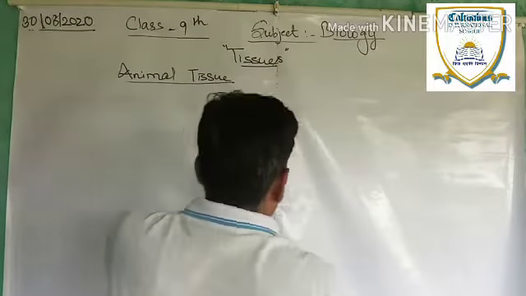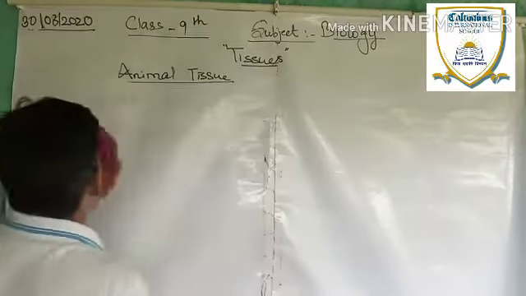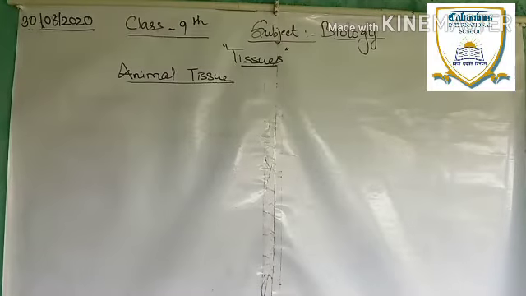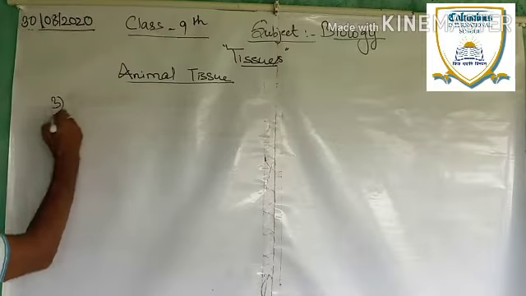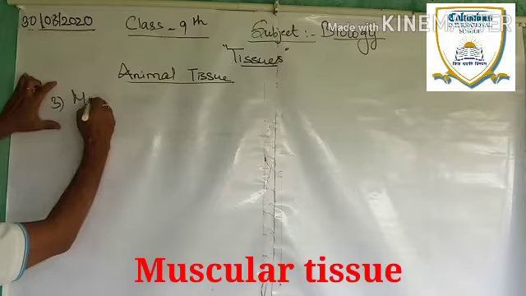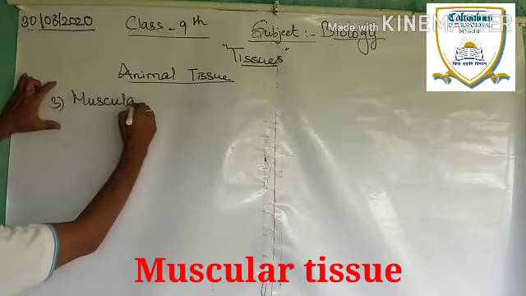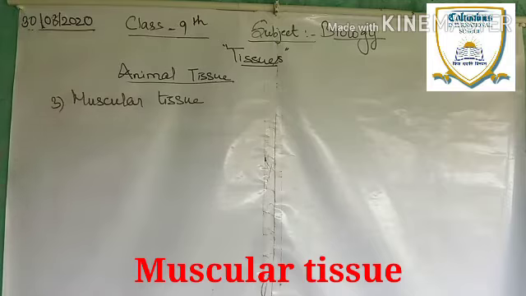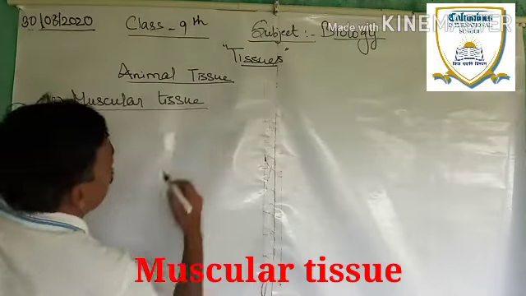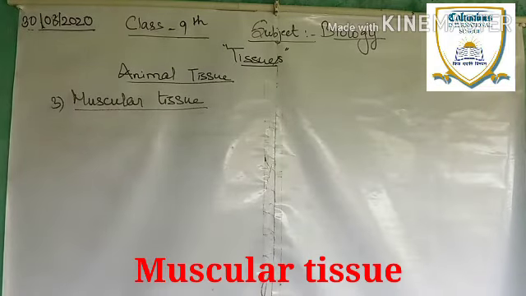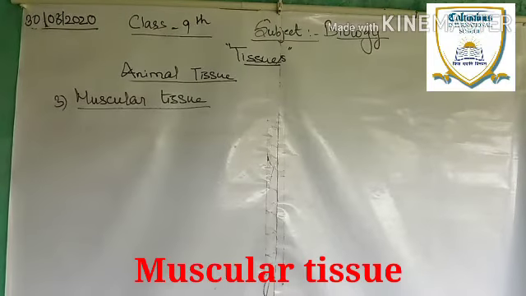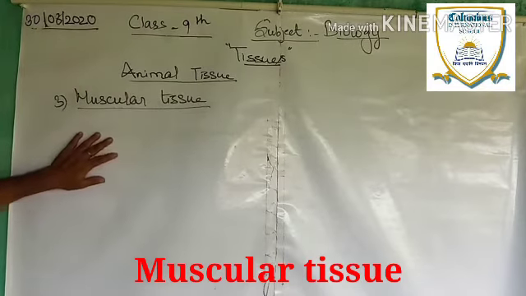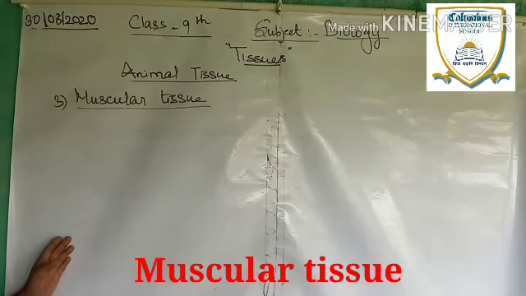So we have discussed the bones. Now it's the turn to discuss the third type of tissue, that is the muscular tissue. Alright. Now muscles are present all over our body in different forms.